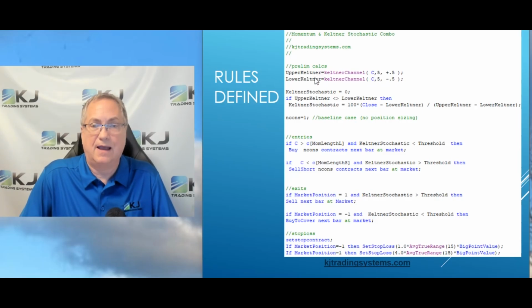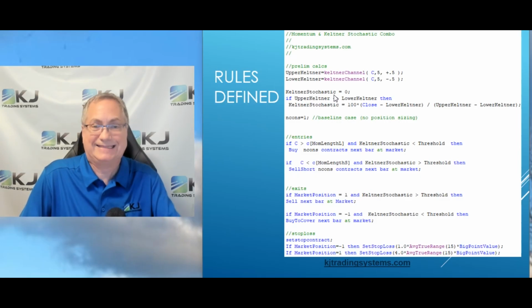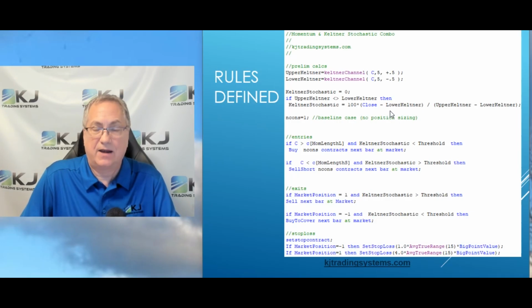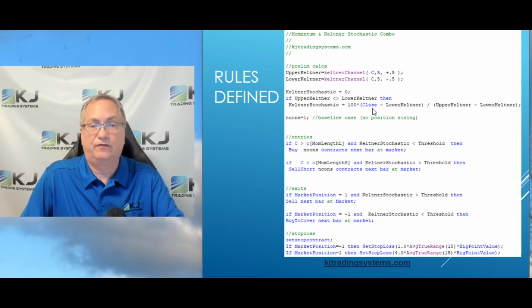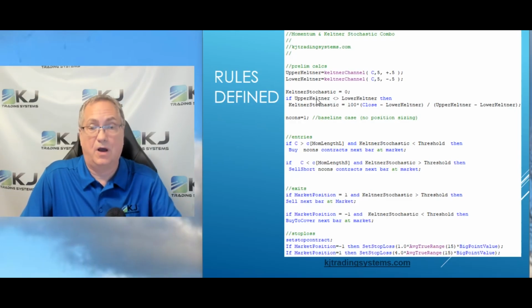Then you calculate something I call the Keltner stochastic, which basically tells you where, percentage-wise from 0 to 100, the closing price is in that channel. So if the closing price is at the high, this value is going to be 100, and if the closing price is at the low, it's going to be 0. So it varies from 0 to 100.